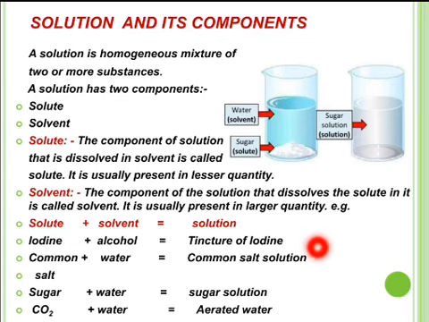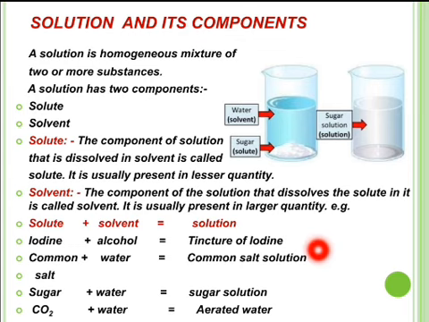What you are preparing by adding those in water is a solution. So if you dissolve common salt in water, the common salt acts as solute and water acts as solvent, and common salt solution is prepared.